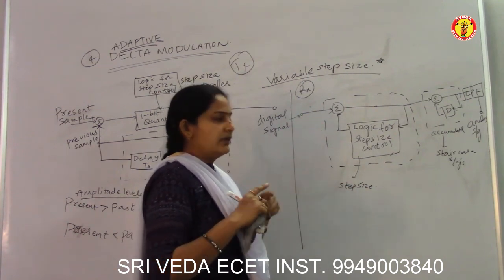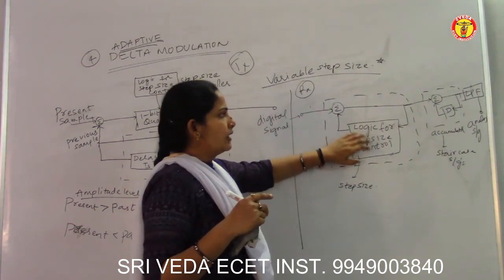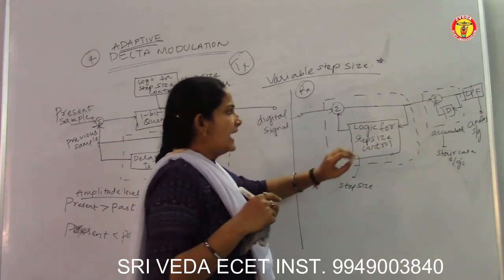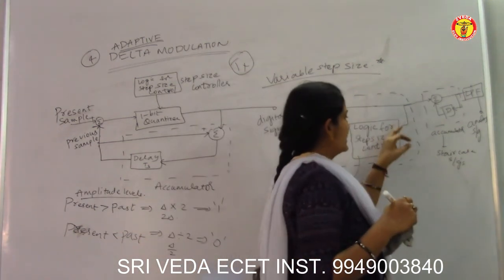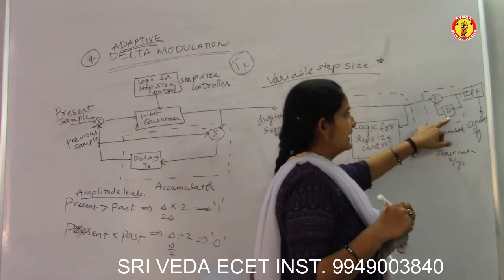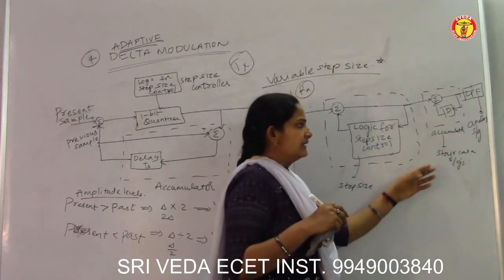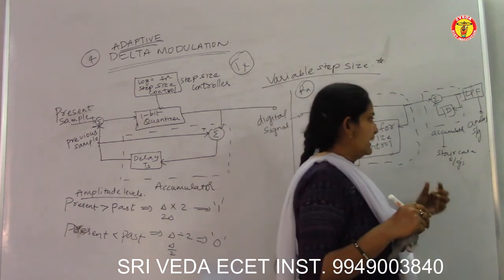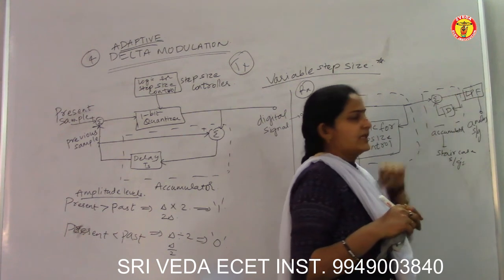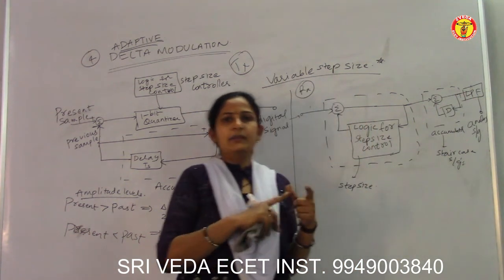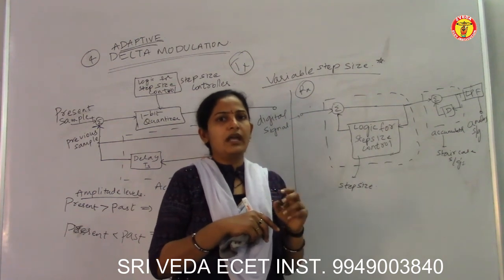The concept of reduction or increasing of this step size is controlled by the step size controller. Next, by controlling the step size, this output is given to a summer and a delay circuit. This is my accumulator, and it is able to generate staircase signals. Next, this staircase signal is given to a low-pass filter, which will smooth the signal and try to reconstruct it properly.